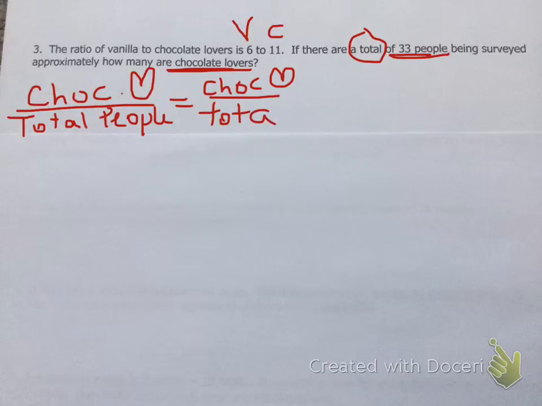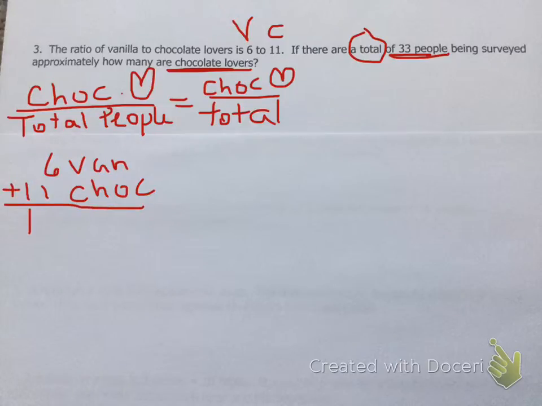That's the ratio we're looking for, not vanilla over chocolate or chocolate over vanilla. Okay, so we're going to work here with these two numbers, the 6 to 11. So 6 vanilla lovers and then 11 chocolate lovers. All together, that gives me a total of 17 total people.